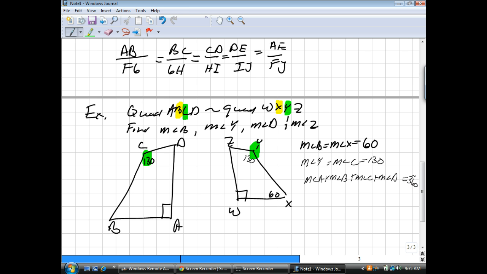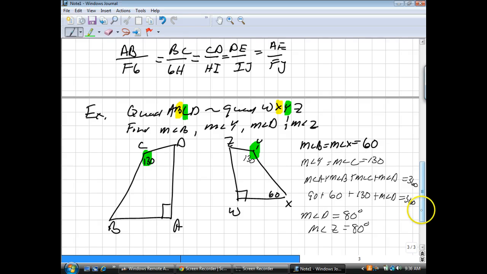And we know that A is 90, B is 60, C is 130, and we don't know measure of angle D. And so we can solve for that, and we get measure of angle D has to be 80 degrees. So therefore, measure of angle Z has to be 80 degrees because it corresponds. Okay.